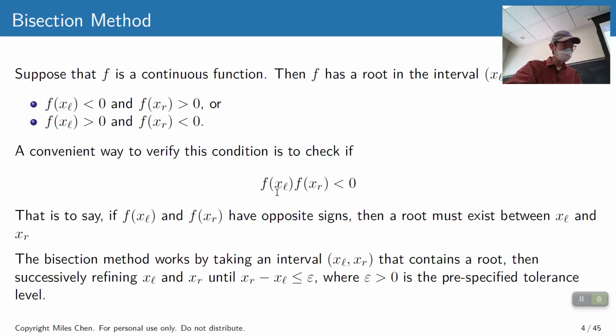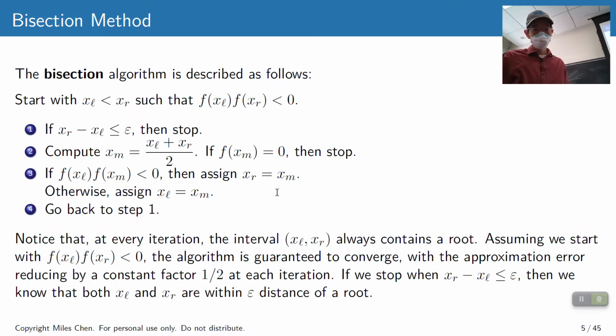And we're going to say there has to be at least one root, and then we are going to take that interval and shrink that interval, and we're going to keep shrinking that interval until that interval is less than some tolerance level epsilon. So here is the entire algorithm written out here.